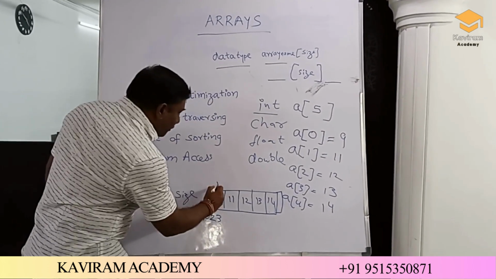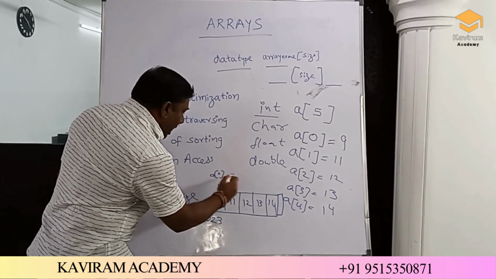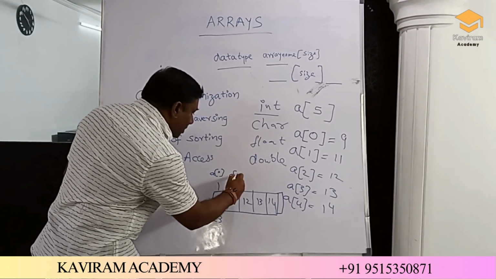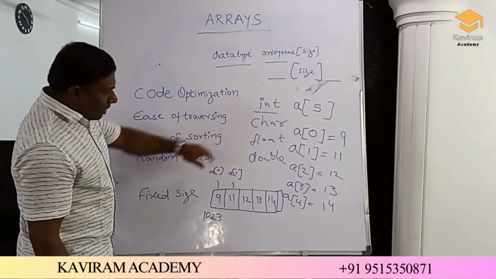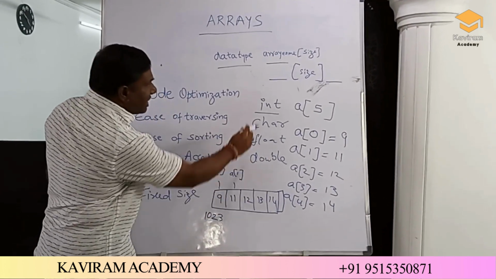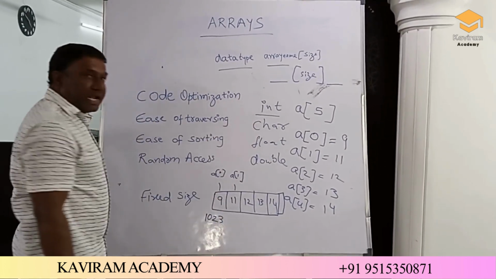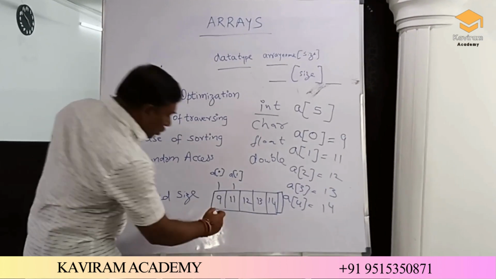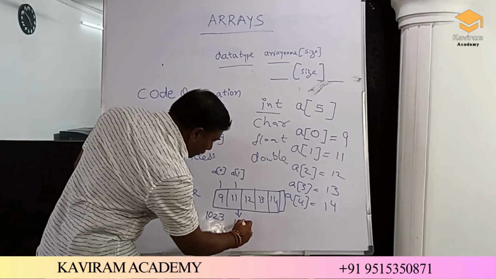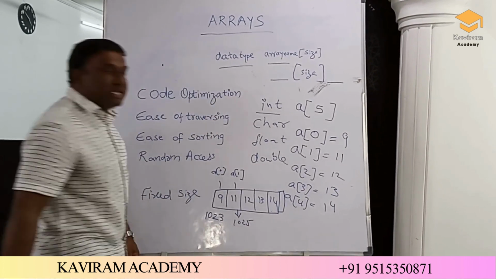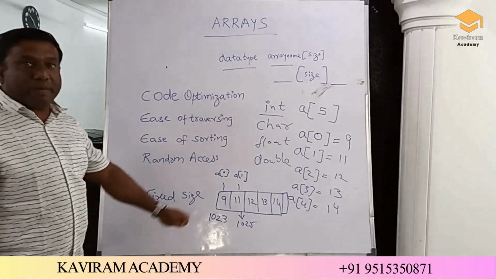This is A of 0, and A of 1 is the second variable in this array. Since this is an integer type, and an integer takes 2 bytes of memory, the addresses are 1023, and the next one is 1025. Similarly, the memory is allocated continuously.